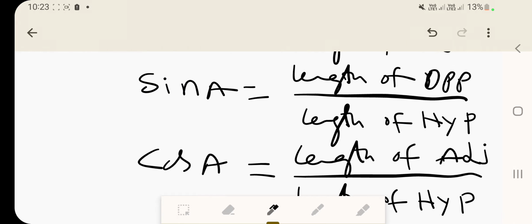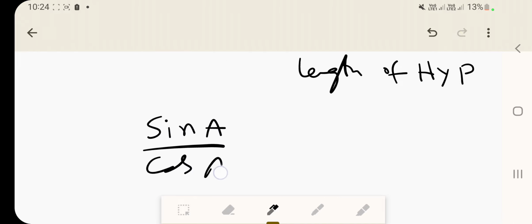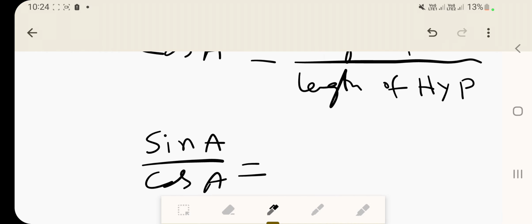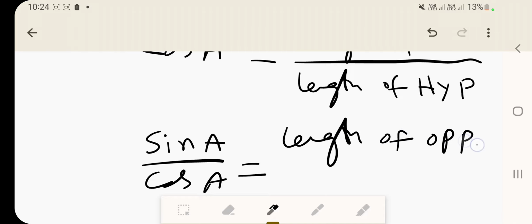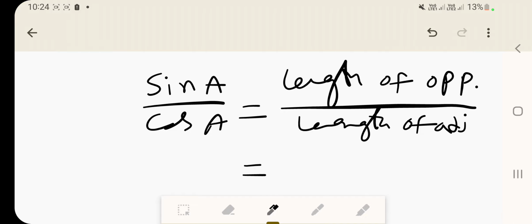If you take the ratio sin A by cos A, the hypotenuse gets cancelled and we get the length of the opposite side divided by the length of the adjacent side, which is basically tan A.